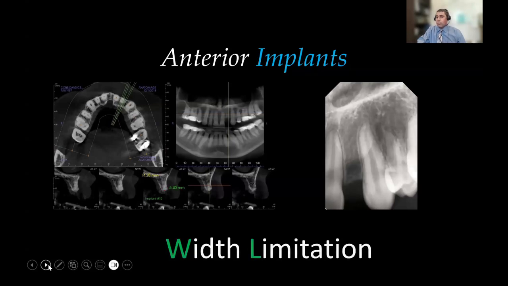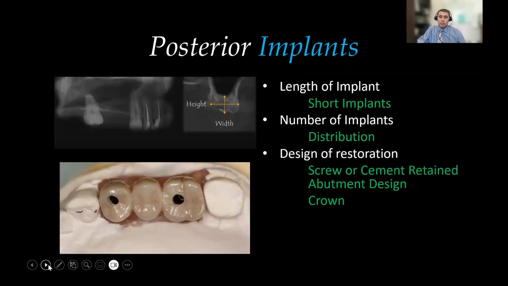So we have a width limitation, which can be amenable for the use of narrow implants. And if you think about the occlusal stress, well, there are higher occlusal stress in the posterior segment than what you have in the anterior segment. Aesthetics is much more important anteriorly than posteriorly. So we have to keep that in mind as we start thinking about our planning case for dental implants.